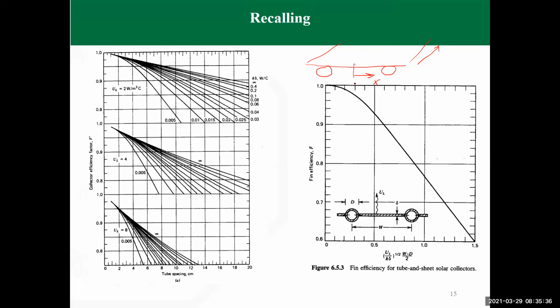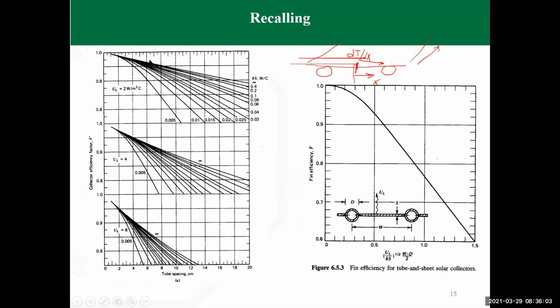X could be, for example, in the middle between them, and because of symmetry, this is treated as having an adiabatic boundary condition at this line. Then the temperature is going to drop from here to here. Since it is a fin, we expect an exponential decay of the temperature with distance.